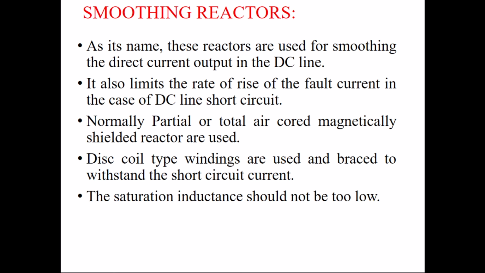Another property of this smoothing reactor is that the saturation of the inductor should not be too low. It means the winding used in this inductor should not get saturated at a very low value of current. So the saturation of the inductance must be high.